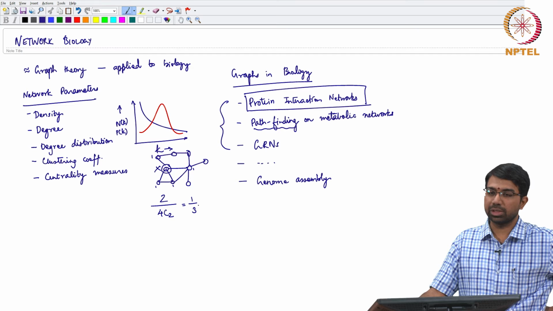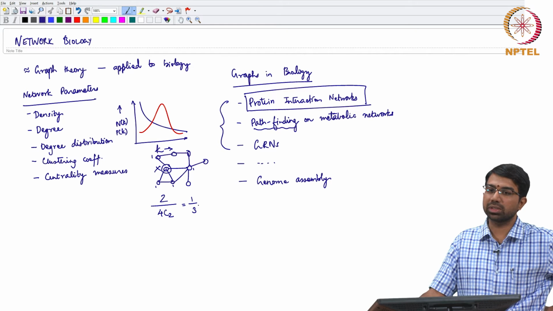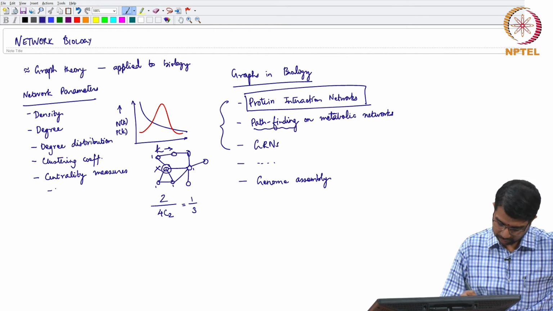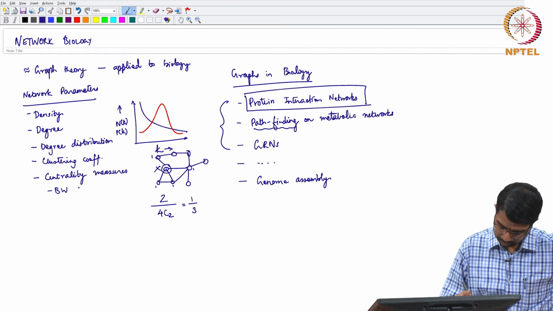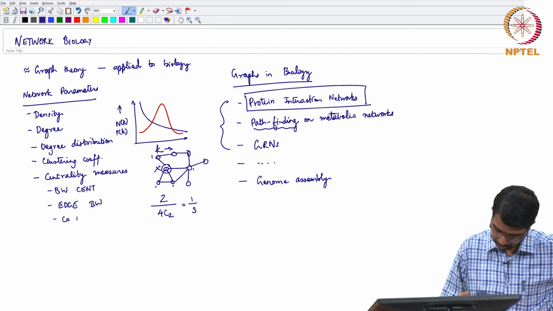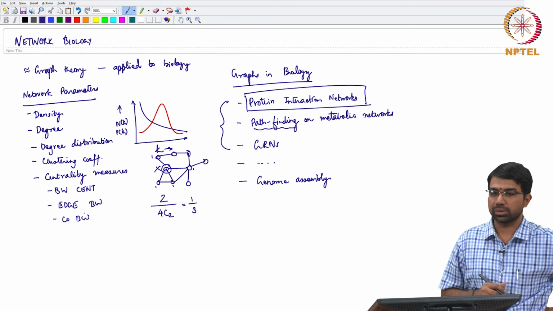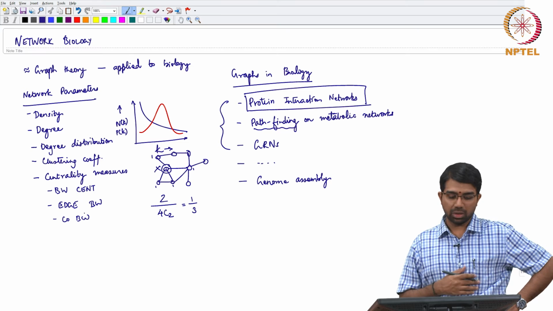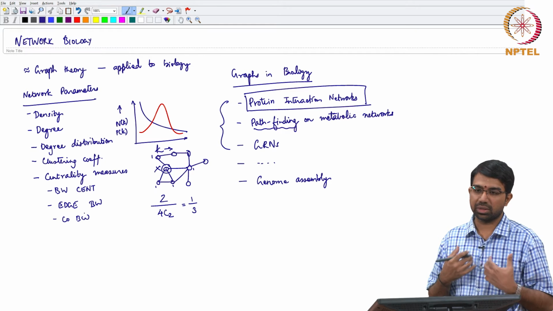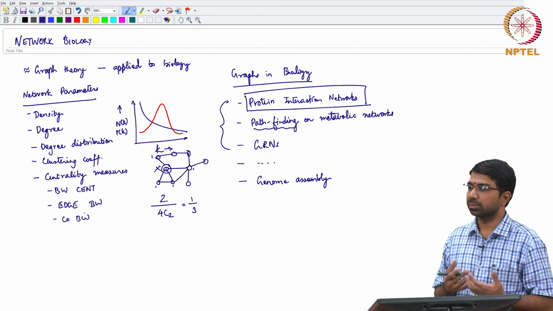And various centrality measures, particularly important is betweenness centrality. We also looked at edge betweenness and co-betweenness. These are other useful concepts. So, these are all the basic parameters that we can use to characterize a network.